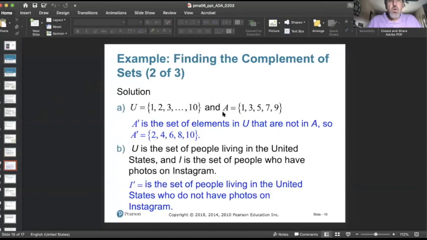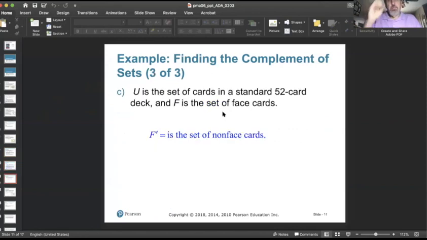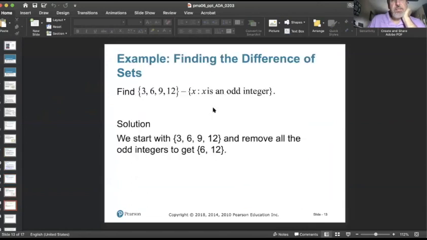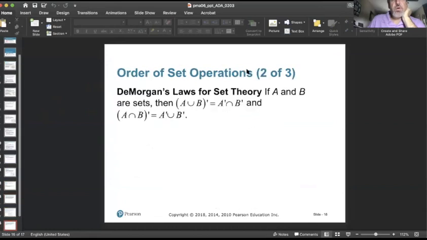So you can go into the modules section of Canvas, and you can find these. You can ignore differences, you can ignore cross products if they pop up, but you can, in section 2.3, get these PowerPoints, and you can use them to help you. There are also videos that I posted as well. All right. So now we're going to move on to section 2.4.